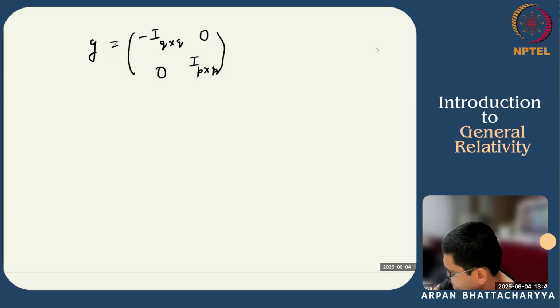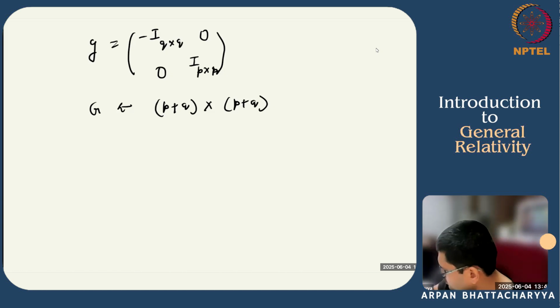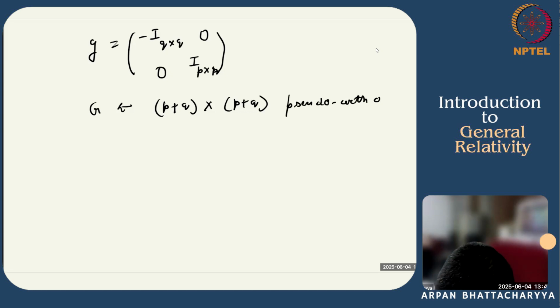So we can see that the G's in this case are (P+Q) cross (P+Q) pseudo-orthogonal matrices.